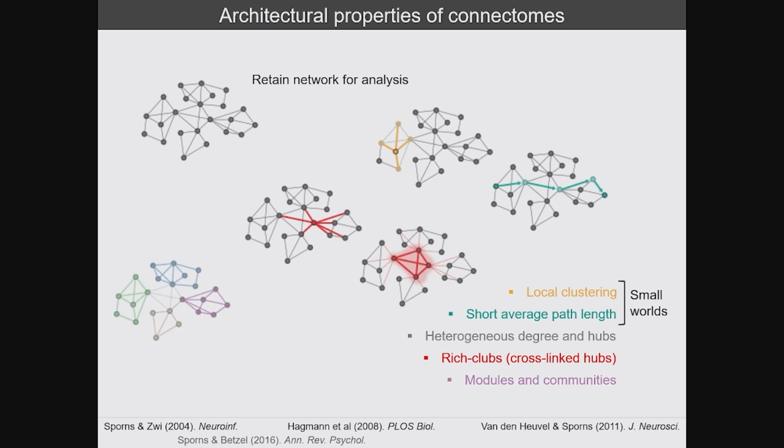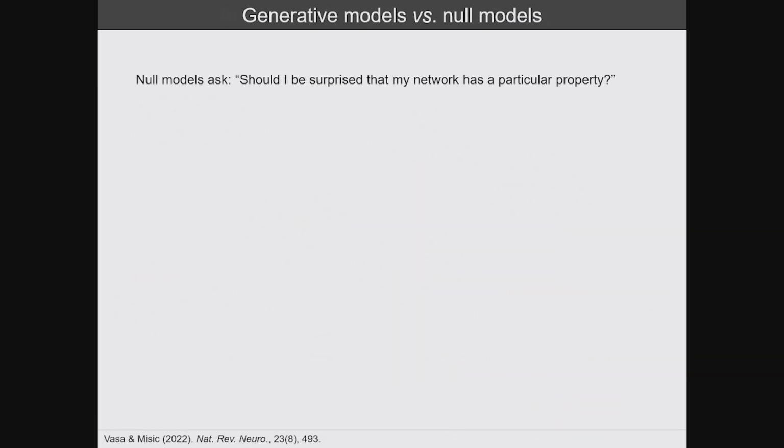They connect to one another. We've also observed modular structures, so dense subnetworks that we think support specialized information processing. And as Andrew alluded to in his last talk, connectomes are positioned in a way so that they have far more short-range connections than long, which we think is related to this wiring cost reduction principle. So these are just a handful of the properties that we've focused on in network neuroscience.